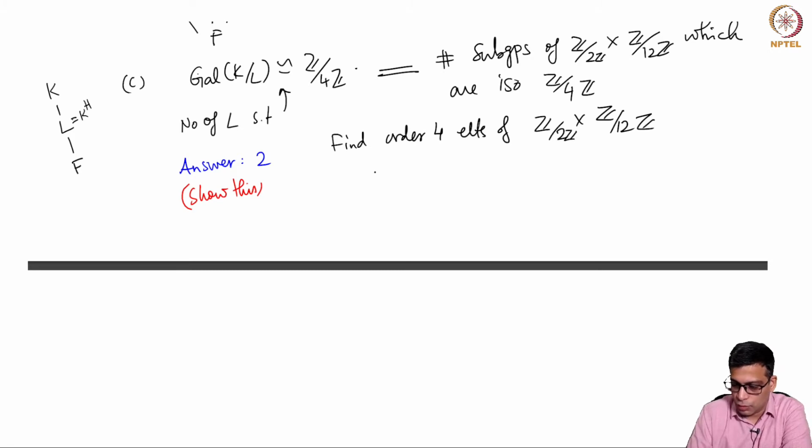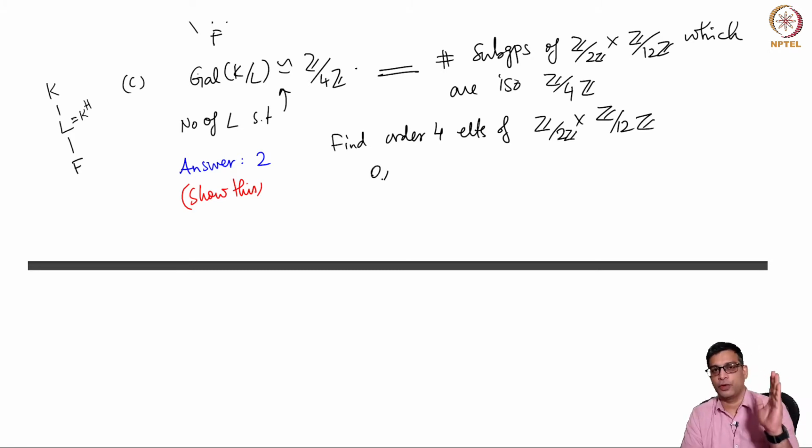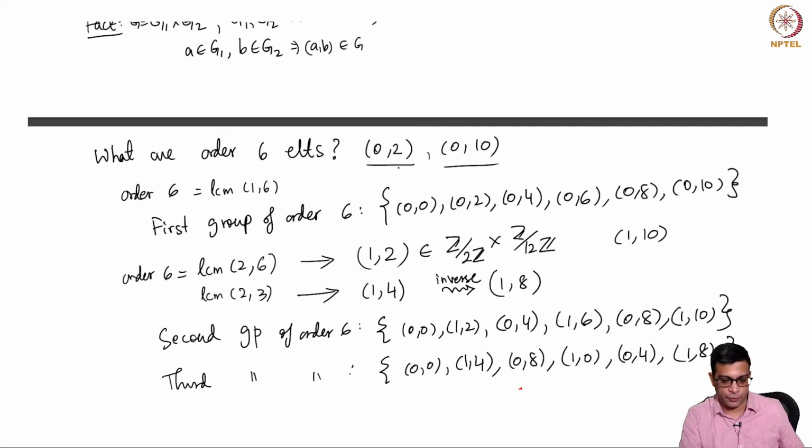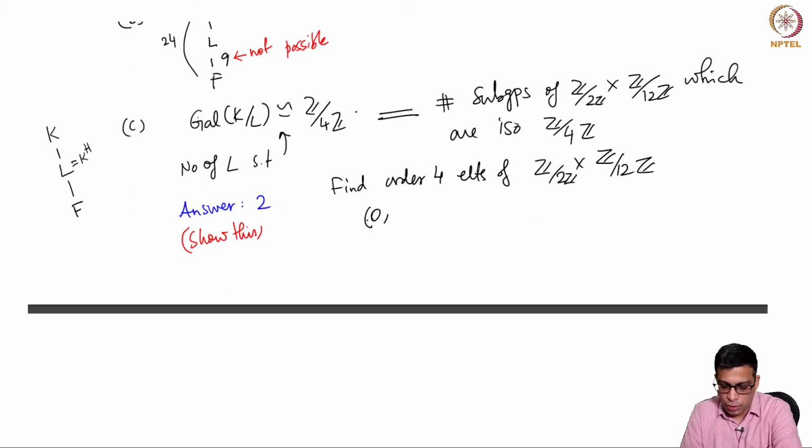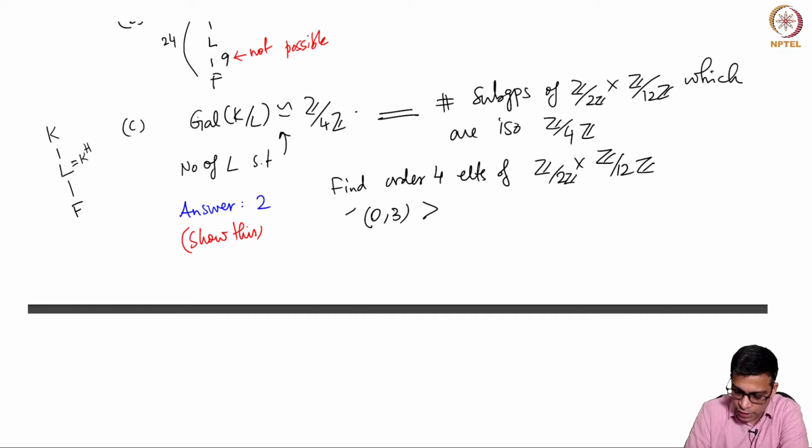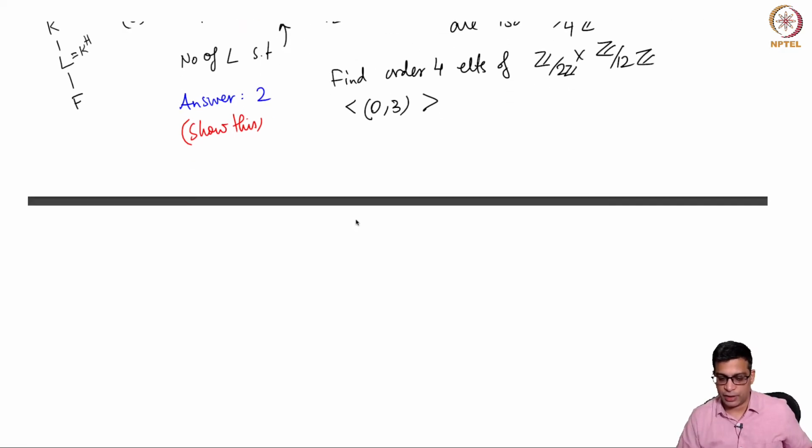So you can take 0, order 4, so 1 and 4 will give LCM 4, just like before. So 0 has order 1, but what is an order 4 element? You take 3. And then you take its subgroup generated by this. So I am really giving you this, and you have to verify that these are the only things.